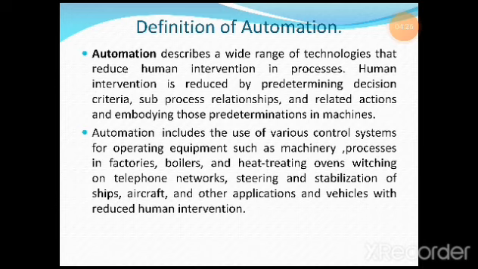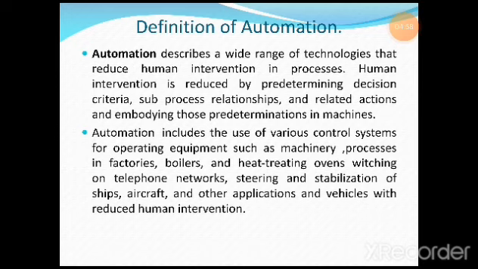So we control the equipment by using PLCs, programmable logic controllers, or microcontrollers, such as for machinery, processes in factories, boilers, heat treating ovens, switching on telephone networks, steering and stabilization of ships, aircraft and other applications and vehicles with reduced human intervention.